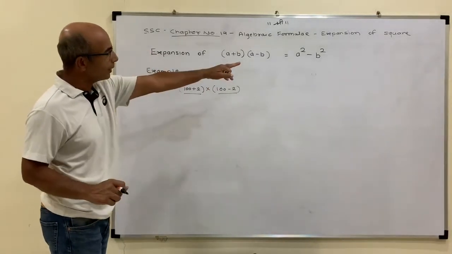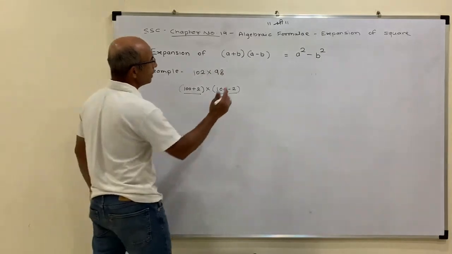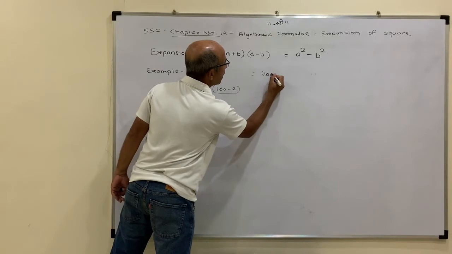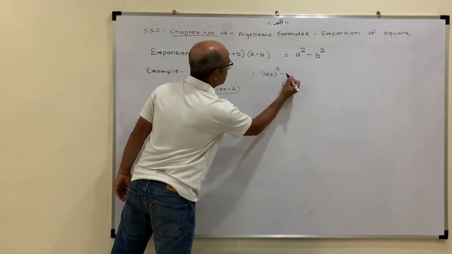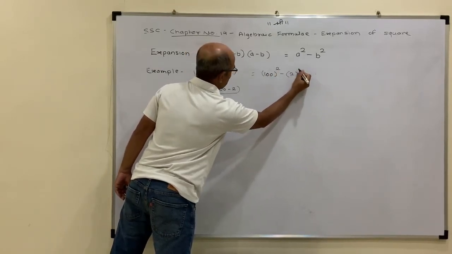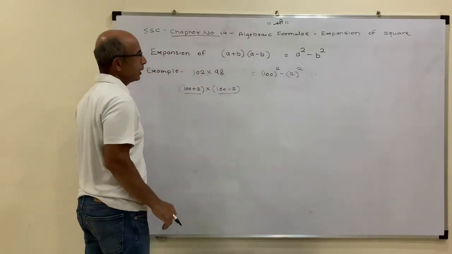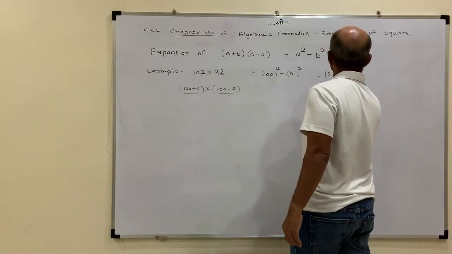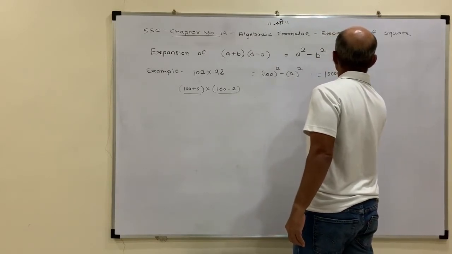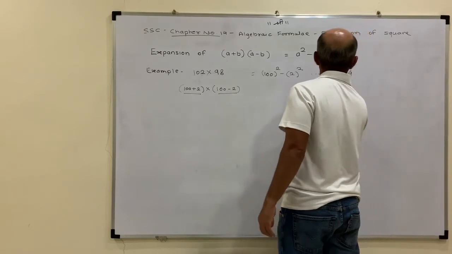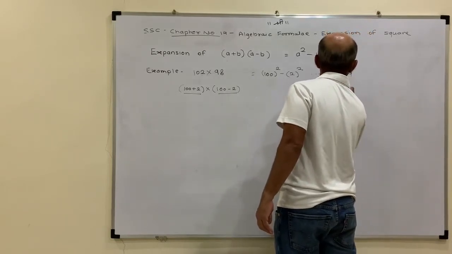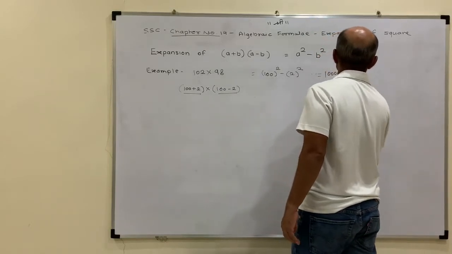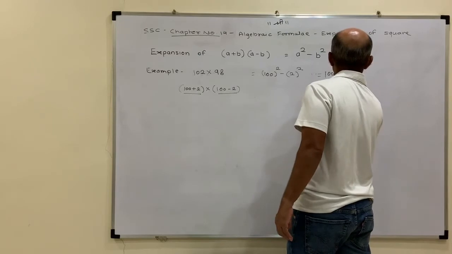According to the formula, the answer will be 100 square minus 2 square. Our answer should be 100 into 100, 10,000, minus 4, which is 9,996.